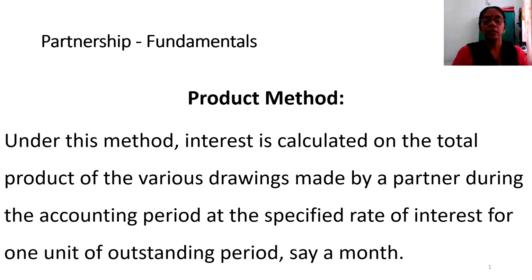In the previous session, I told you that there are three methods that could be adopted in the computation of interest on drawings. We discussed the computation of interest on drawings using the direct method, and also initiated the product method. We worked on one or two examples on the computation of IOD using the product method.